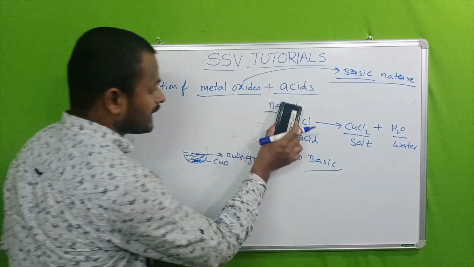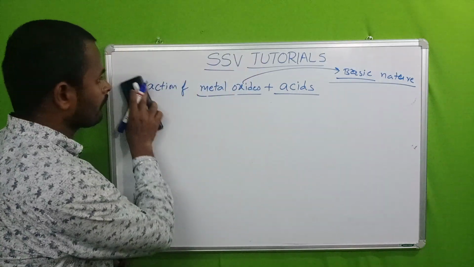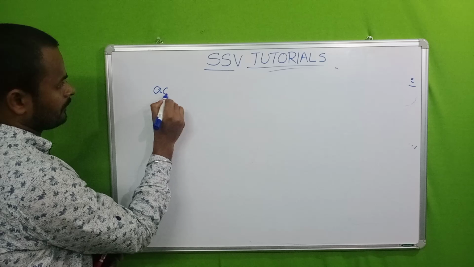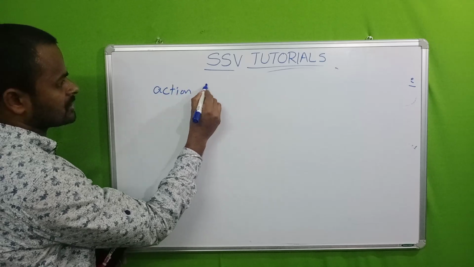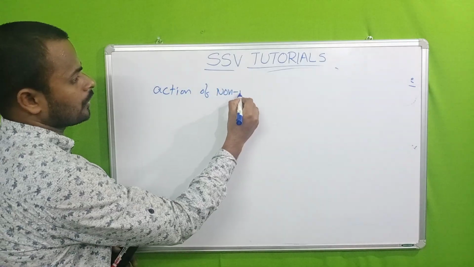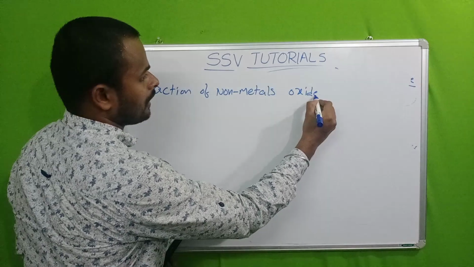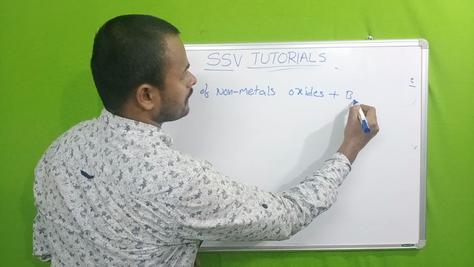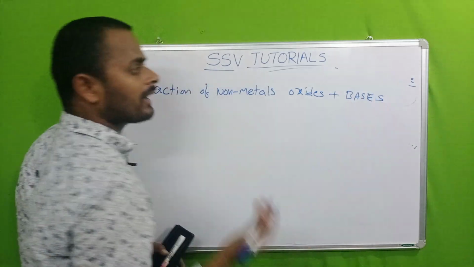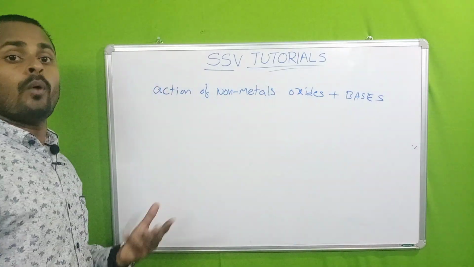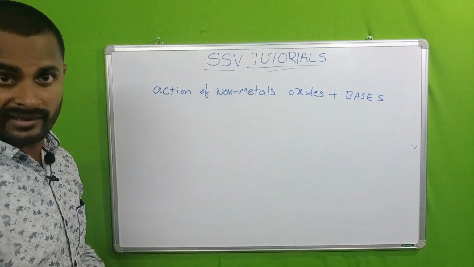Next we go to the reaction of non-metal oxides with bases. Action of non-metal oxides with bases. What happens when a non-metal oxide reacts with a base? What products are formed in that reaction?